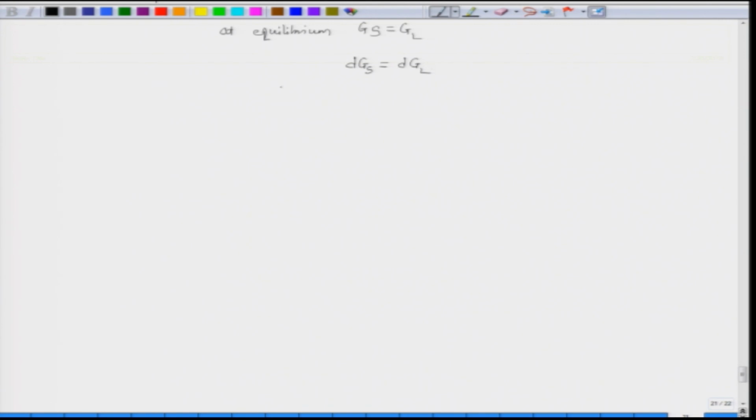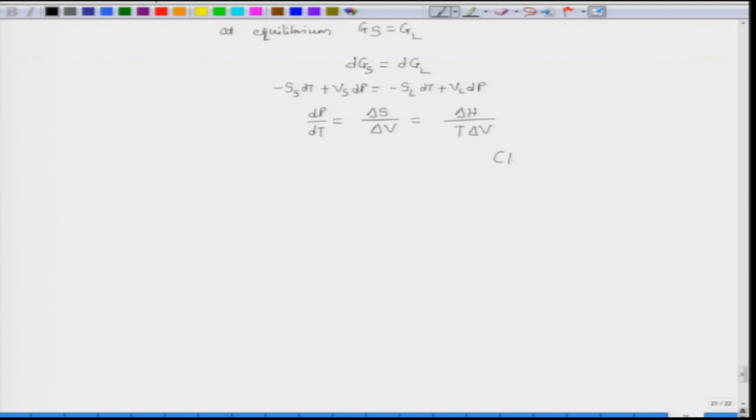and if we substitute for dG, we know minus Ss dT plus Vs dP is equal to minus SL dT plus VL dP, and if we rearrange, we write dP by dT is equal to delta S by delta V, and at equilibrium we know delta S is equal to delta H by T, so dP by dT is delta H by T delta V, right.